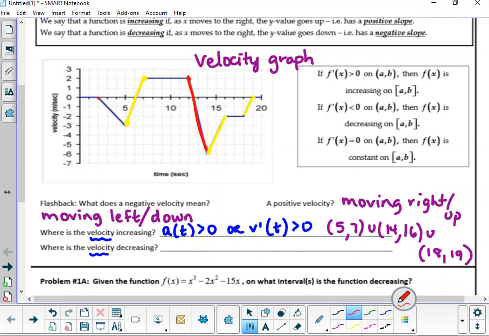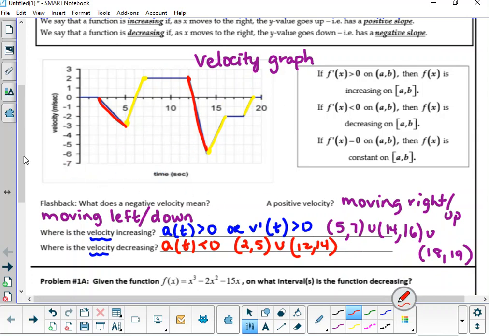And, oh, right here. I was thinking that it, but no, there's two. Okay. So acceleration negative looks like 2 to 5, union 12 to 14. Constant velocities where my slope is 0.